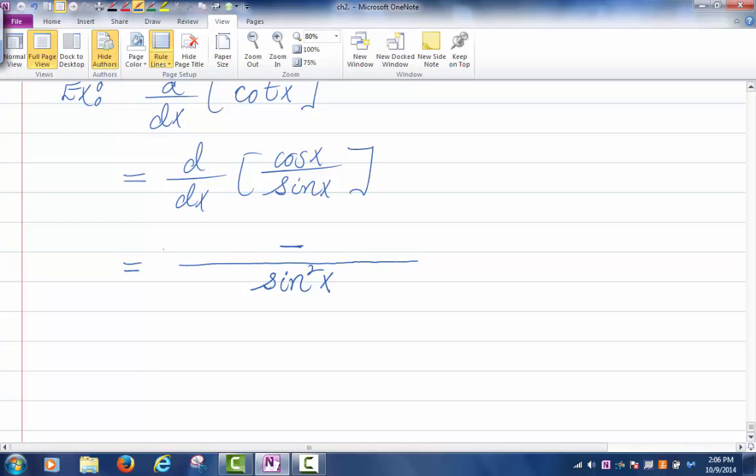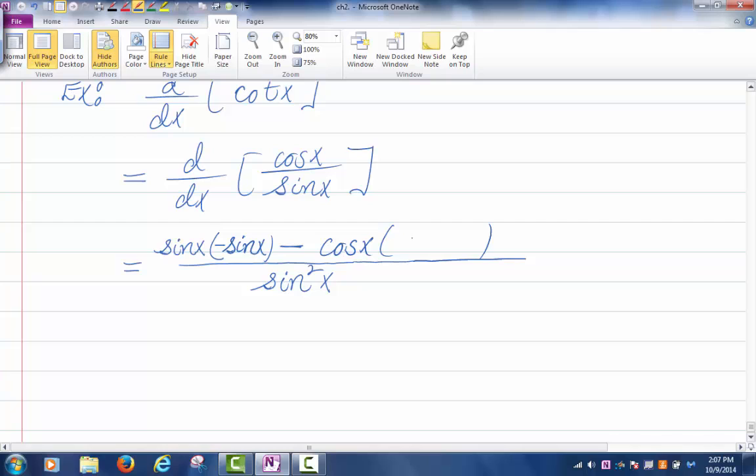And then in the numerator, I take the difference of two terms. What's the first term? It's the denominator, right? Multiplied by what? Multiplied by the derivative of the numerator, which is what? Derivative of cosine is negative sine x. And then minus, I have to have the numerator first, and then I have to take the derivative of the denominator.